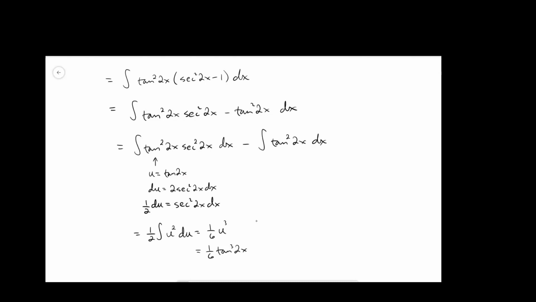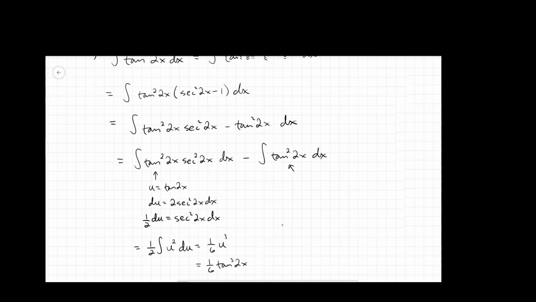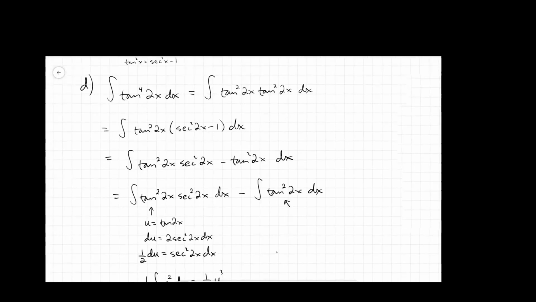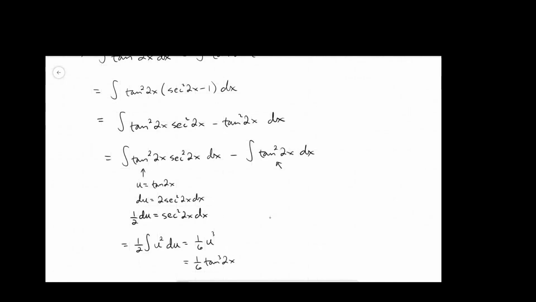What about the rest of it? This one is actually easier than it might look. Whenever you have a tan squared by itself, you can just use the identity on it: tan squared is secant squared minus 1. So we're going to use the identity again, and this one becomes the integral of secant squared minus 1, and I guess the minus has to go in front of it as well.